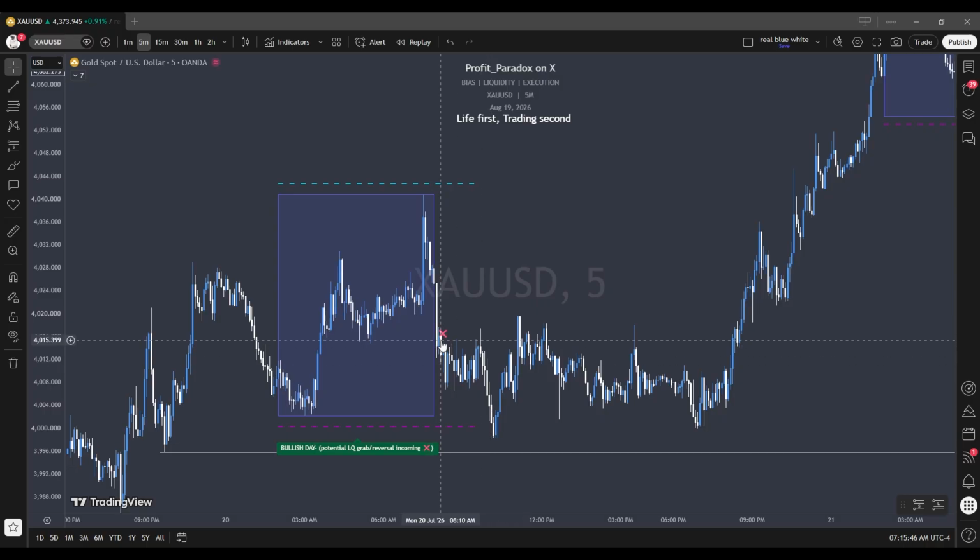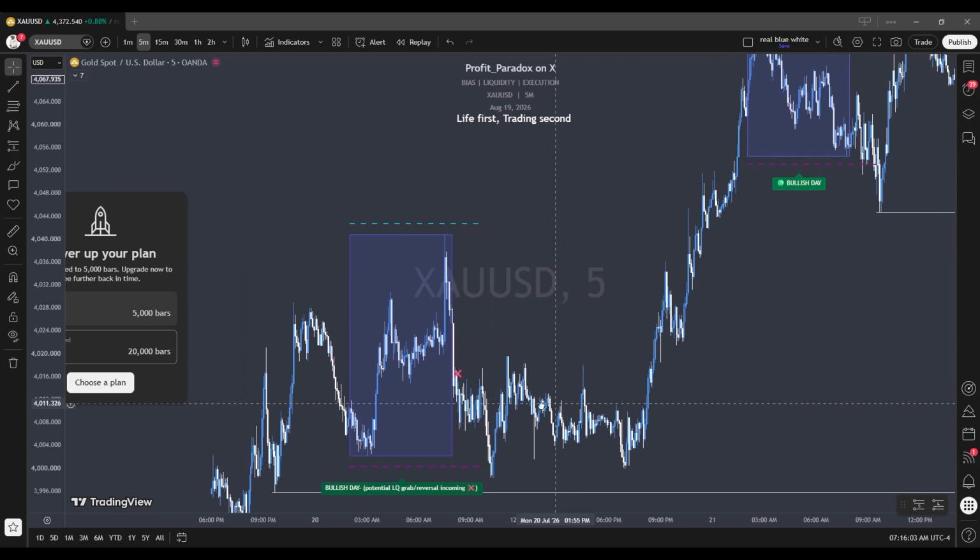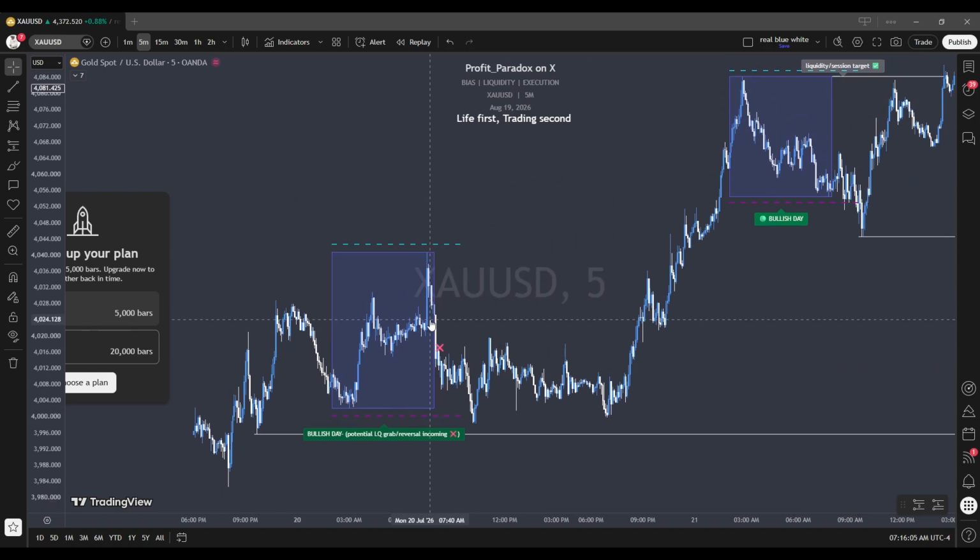And at this point, 2 candles later, it printed that there might be a potential liquidity grab or reversal incoming. And as you can see, price went and grabbed liquidity before pushing further up as intended, since it was a bullish day.